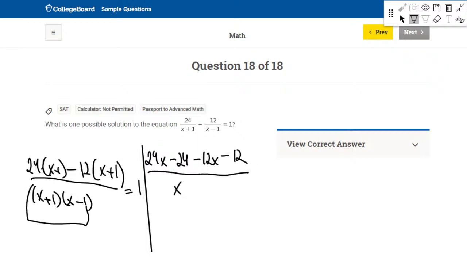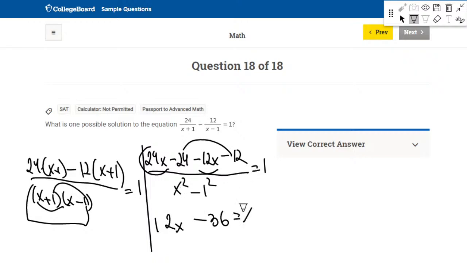This can be rewritten as x squared minus 1 squared, and this is equal to 1. So like terms here are 24 and 12. It's 12x minus this happens to be 36 equals, just cross multiply, x squared minus 1. And when we rewrite this, we get x squared minus 12x plus 35 equals 0. And this is just a quadratic equation.